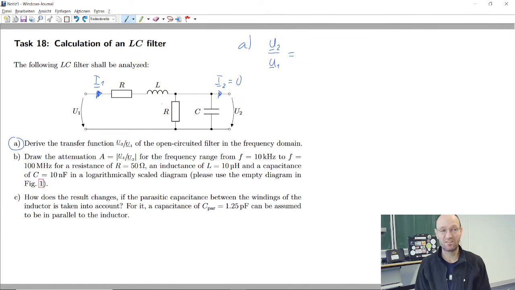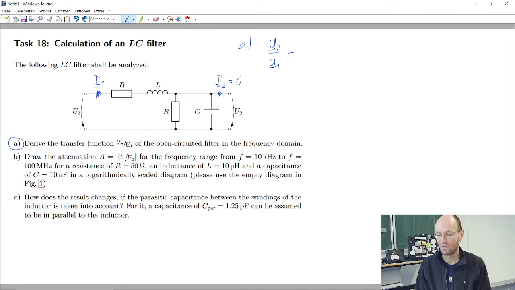So it's a series connection. What rule can we probably use for this series connection without having to set up really the Kirchhoff's current and voltage laws and so on? We can use a voltage divider, exactly.